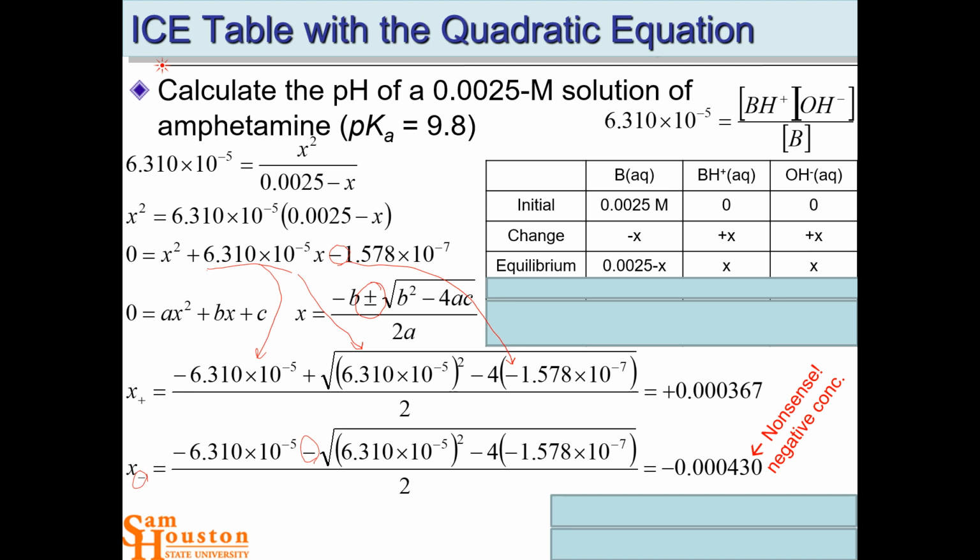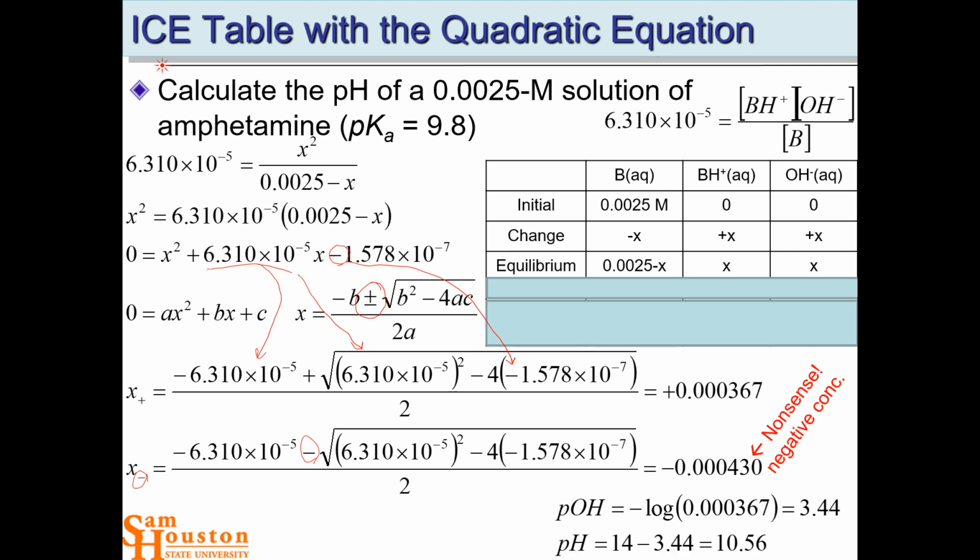It's negative 0.4 millimoles. No, so we use the 0.000367. And so then we take the minus log of that, and that's our pOH, 3.44, and then subtract from 14, that's our pH. So it's 10.56, whereas before it was 12 point something. So it's a lower pH because it's not as basic, because we have much less base.